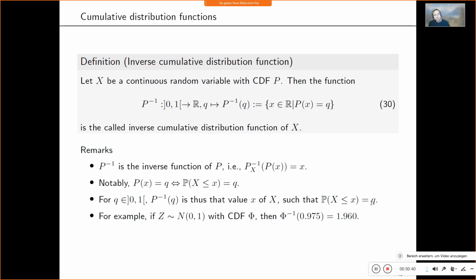And for me, the easiest is always to make this clear with numerical examples.